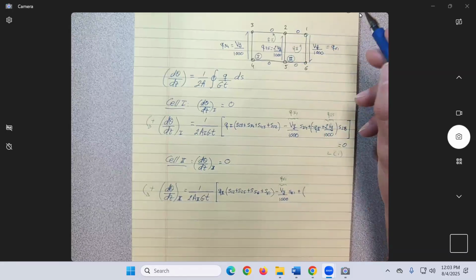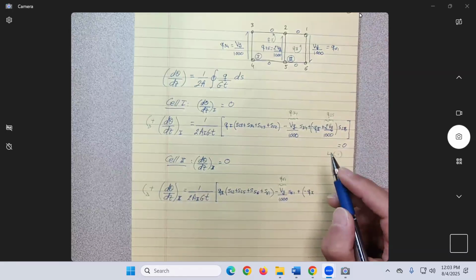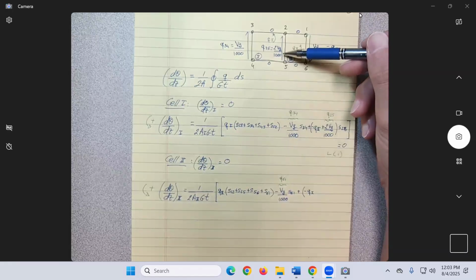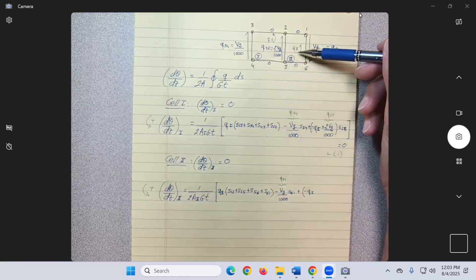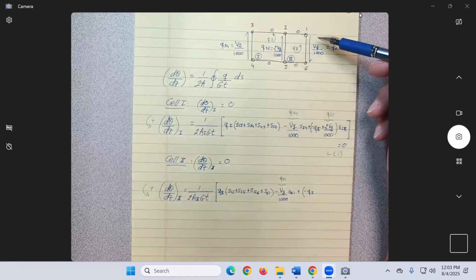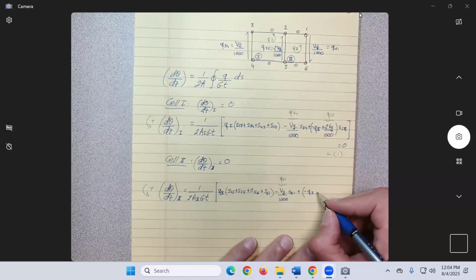Okay. So everything will be the same as before, minus Q1. And now this one will be what? Q25. Does it make cell 2 go clockwise or counterclockwise? Clockwise. So it will be negative again.